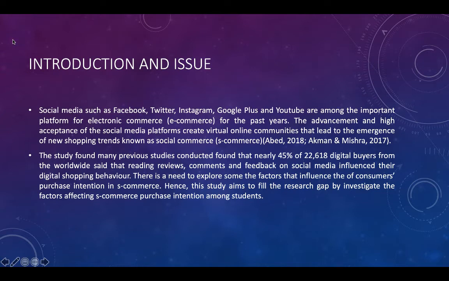Let's start with an introduction and issue of the research. Before that, I would like to give a definition for S commons. S commons, which is also known as social commons, refers to a process of selling, buying, transferring, and exchanging service or product and information through social media.